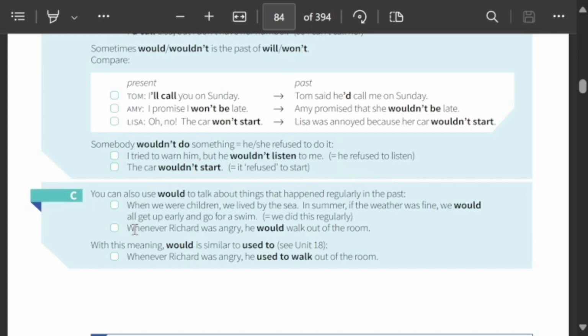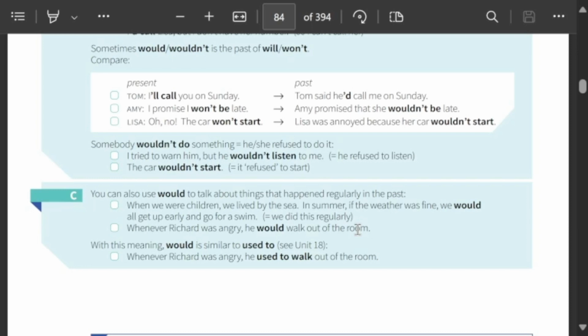The other example: whenever Richard was angry in the past, he would walk out of the room. That was his habit. What about always? Yes, we would always get up early and go for a swim. You can say that. We would always do that.